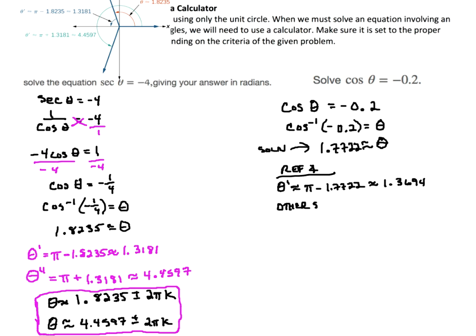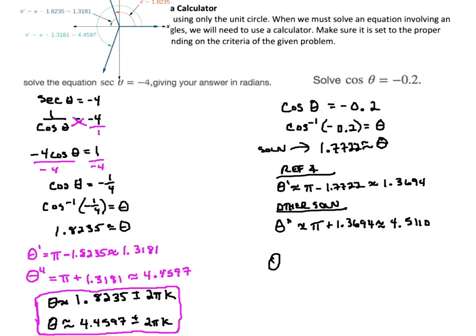My other solution, I'll call that theta prime prime, is approximately pi plus my reference angle, which is approximately 4.5110.